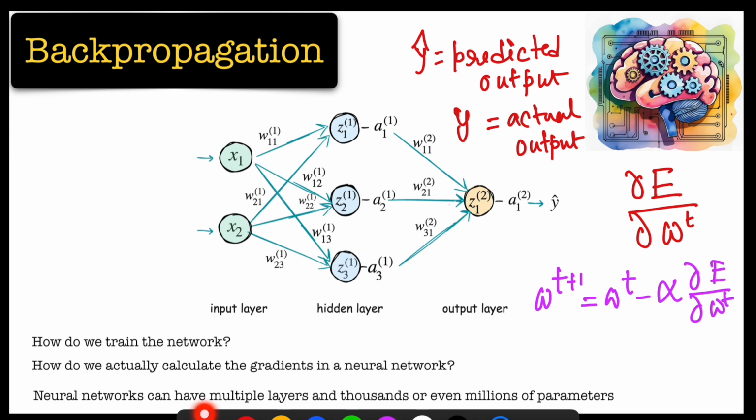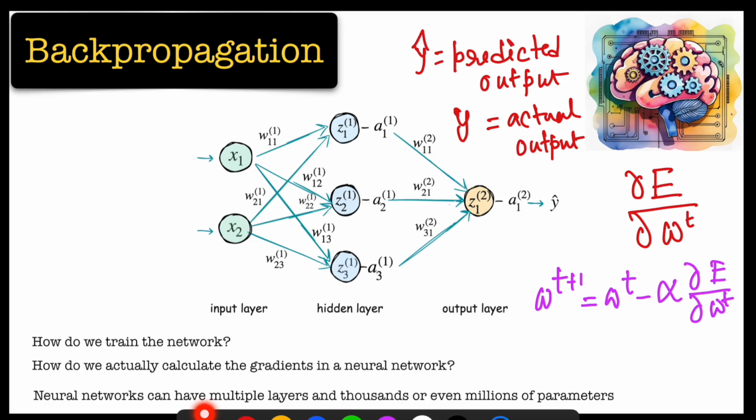These are the gradients that we calculate. In each iteration we calculate the gradients and update the weight parameters by this formula, and we do this until we converge. The same thing we'll do in neural networks as well.